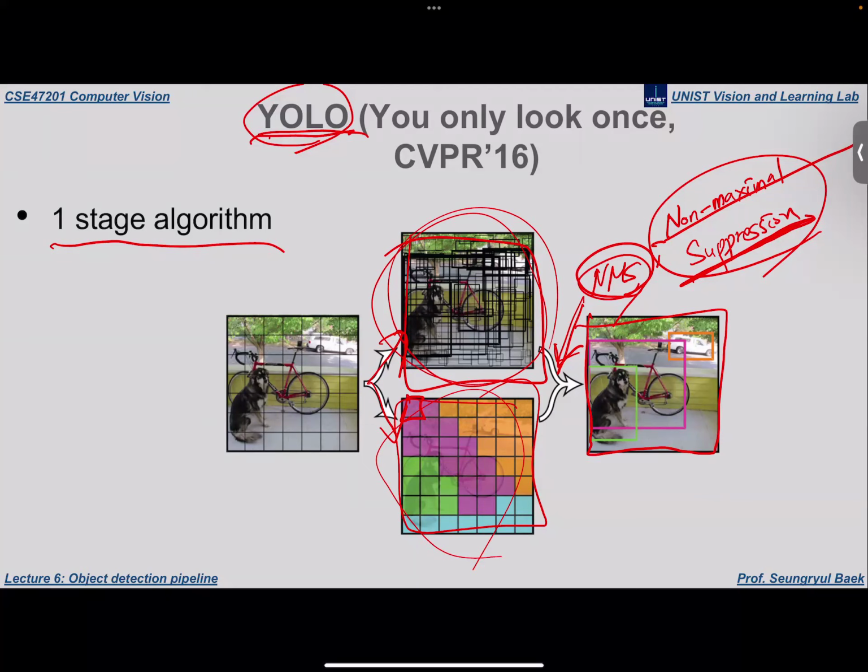Originally, YOLO is 'you only live once', a phrase young people frequently use. But this algorithm replaces 'live' with 'look', emphasizing that their algorithm is a one-stage algorithm.